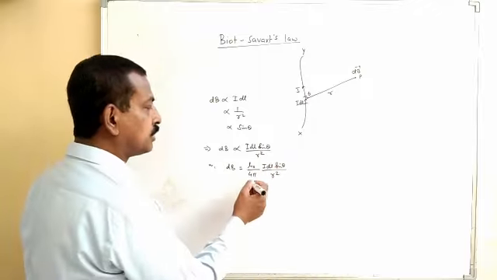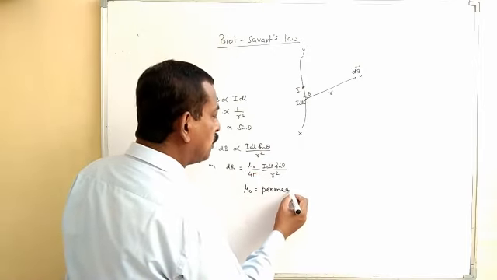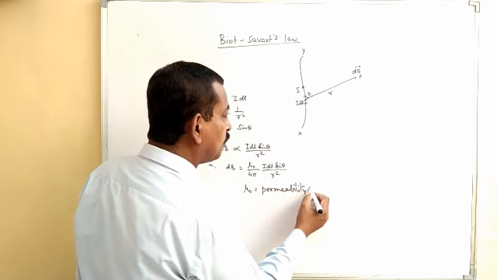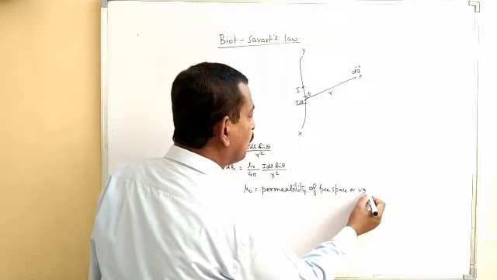Now this mu naught is called the permeability of free space or vacuum.